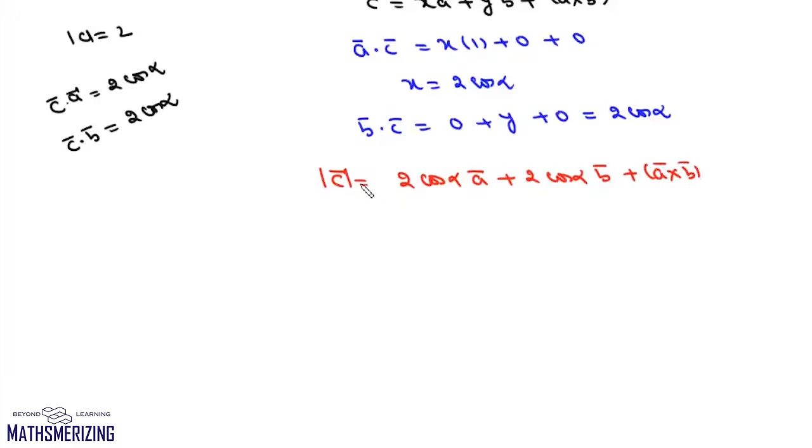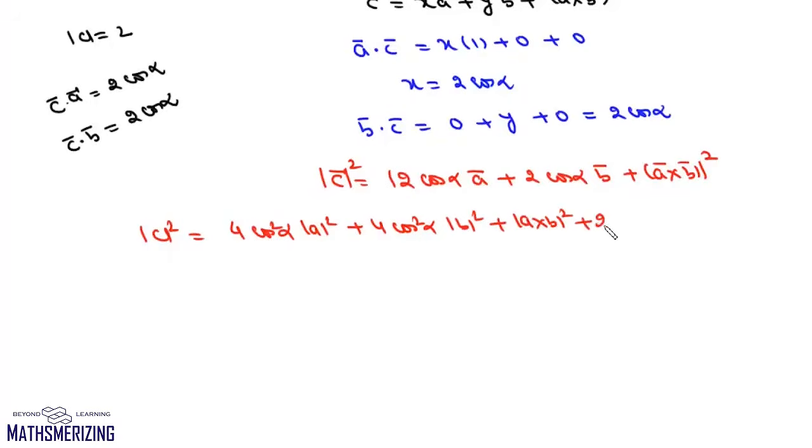Now we'll take mod both sides and we'll square it. So we'll get mod of C square equal to 4 cos square alpha mod of A square plus 4 cos square alpha into mod of B square plus mod of A cross B square plus 2 times the cross terms. Now A dot B is 0, A dot A cross B will be 0, and B dot A cross B will also be 0.